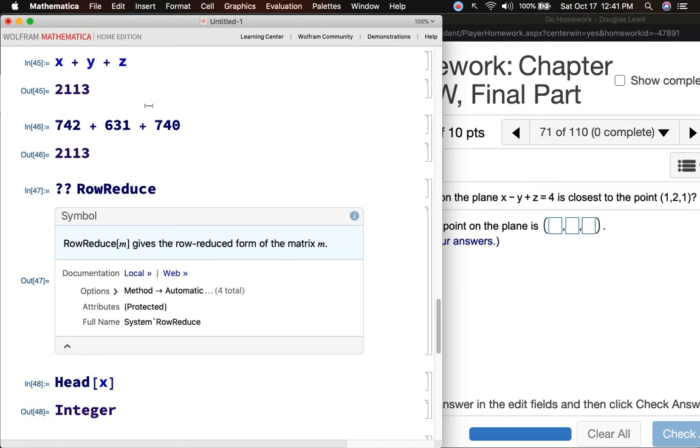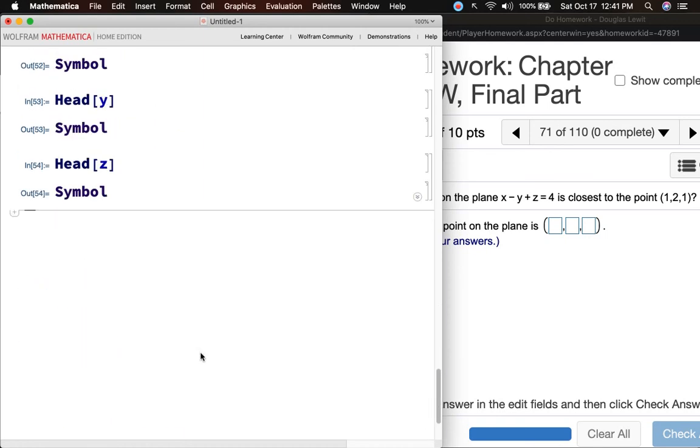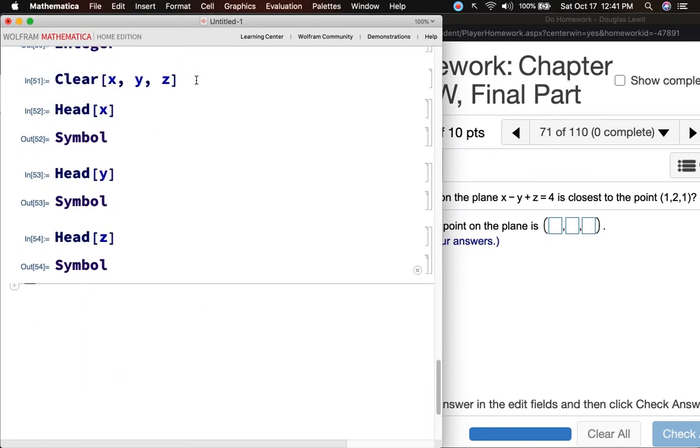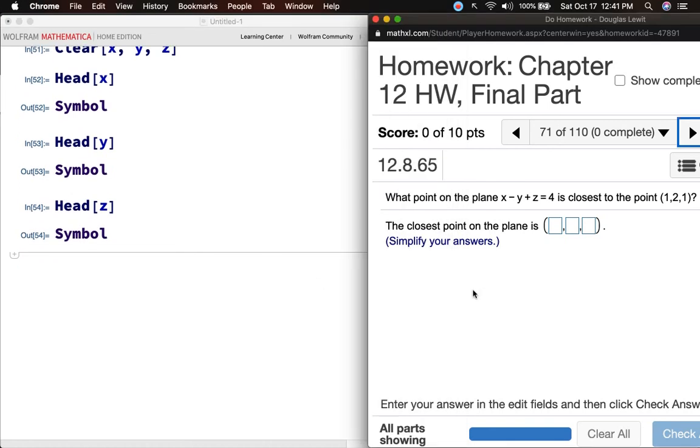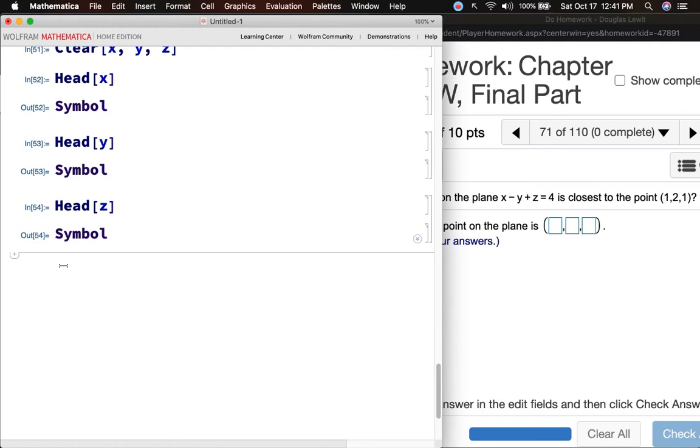They were no longer symbolic values. So I cleared the definitions of x and y and z. Now x and y and z are back to being symbols rather than integers. Okay, so let's see. F of x, y, z is equal to x minus y plus z.